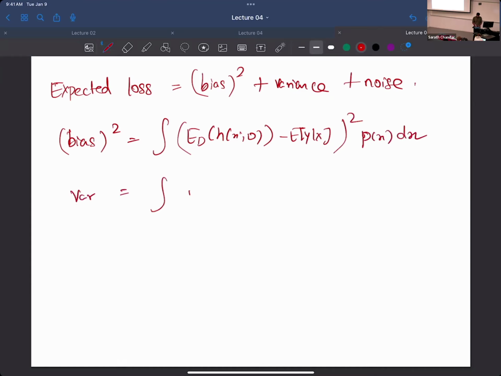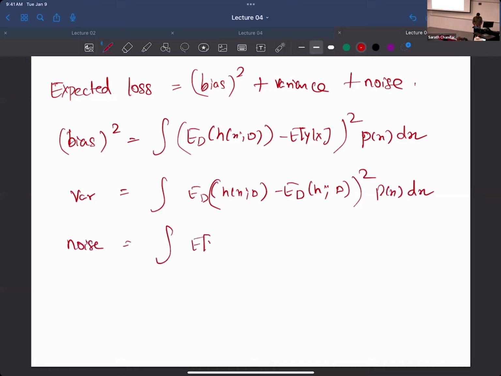Variance is given by the integral of expected value of h of x given D minus expected value of h of x given D, the whole square, p of x dx. And the noise is given by the integral of E of y given x minus y, the whole square, p of x comma y dx dy.